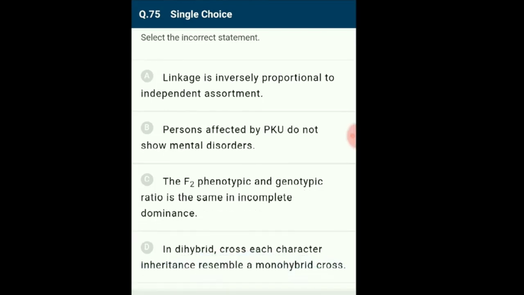Phenylketonuria. This inborn error of metabolism is inherited as an autosomal recessive trait. The affected individual lacks a liver enzyme called phenylalanine hydroxylase that converts the amino acid phenylalanine into tyrosine. The gene for the disease is located on chromosome number 12.